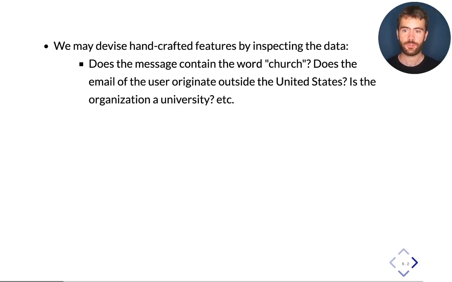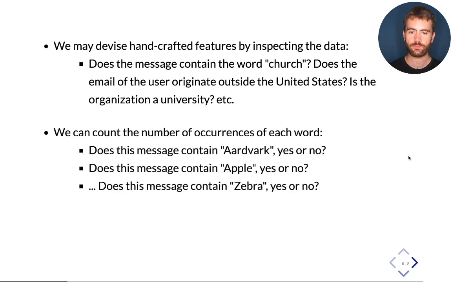Maybe these are all useful features, and by looking at the data, by thinking about it, we could come up with our own handcrafted set of features. This would probably give us really good features, but it would require a lot of work to create these features. So is there a better and easier and more automated approach?